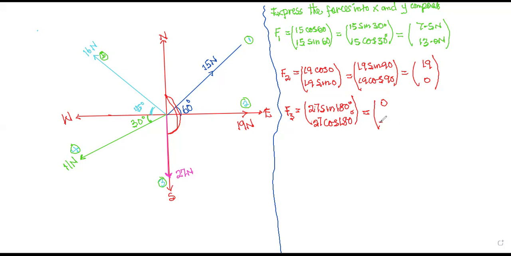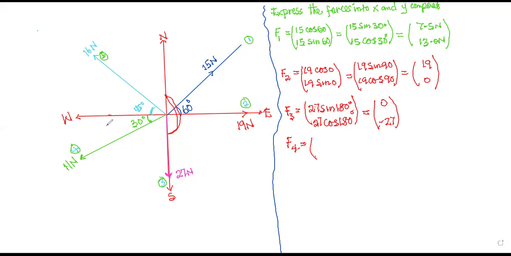Minus 27 Newton. F3. Sorry, F4. F4 makes an angle of 30 degrees with the x-axis, and from the north, it makes an angle of 240.